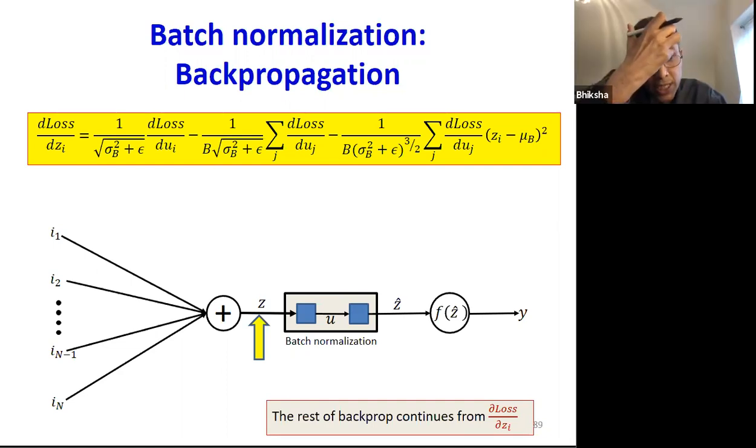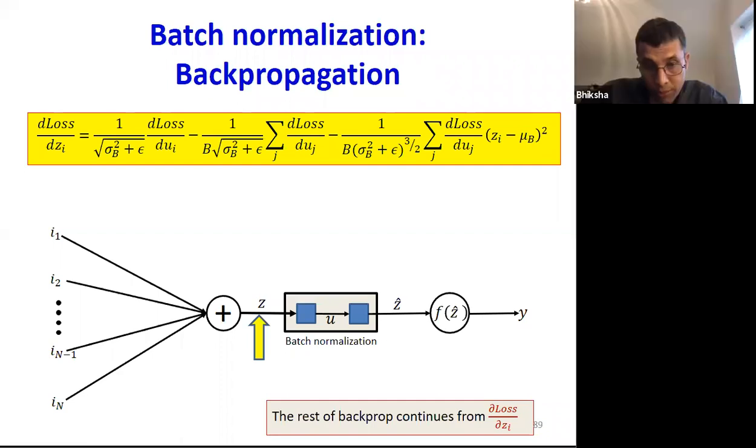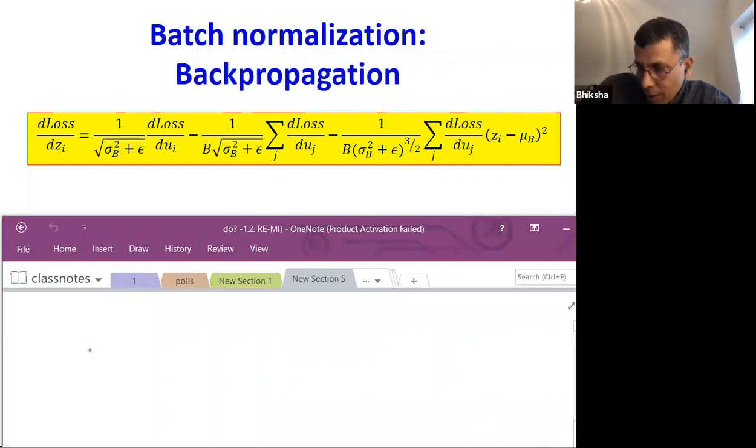So remember, what batch norm does is that it modifies the variance of each mini batch to be unity, and then scales it by gamma, right? So can you look at gamma and tell me how this is going to work then? If gamma is very small, what will the variance be? Remember, if gamma was 0, what would it be? You have Z hat equals gamma U plus beta.